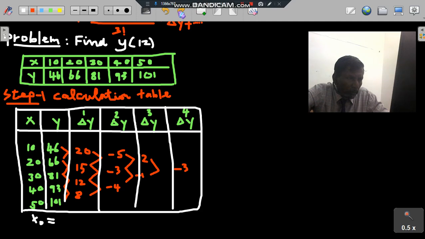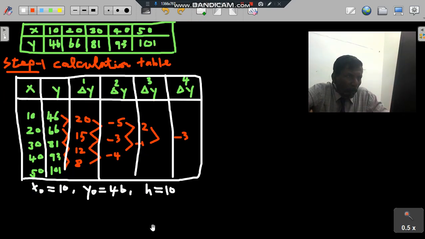So x naught equals 10, y naught equals 46. Now next one is about h. h equals 10. What is that 10? The common difference in x values. What's the common difference? 20 minus 10, 10; 30 minus 20, 10; 40 minus 30, 10; 50 minus 40, 10. So that is what we call h.